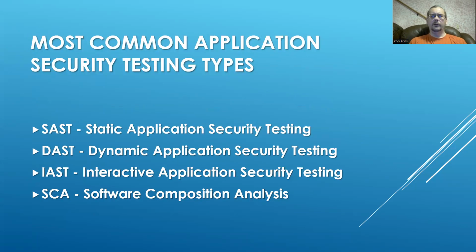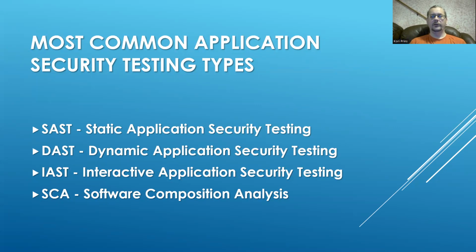The three most common application security testing methods are static application security testing, known as SAST, dynamic application security testing, known as DAST, and interactive application security testing, known as IAST.